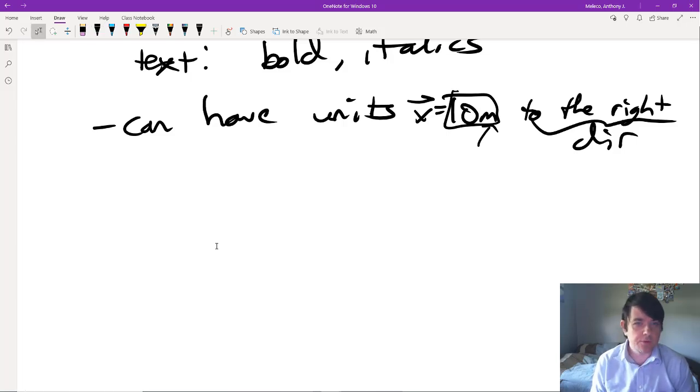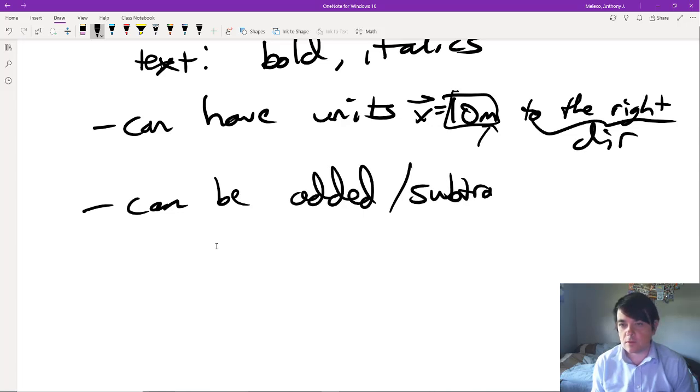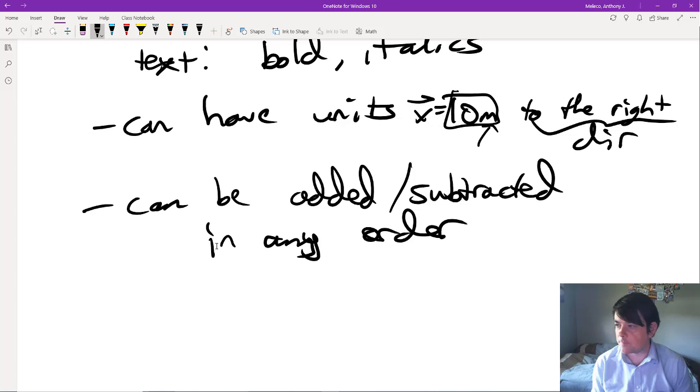They can be added and subtracted in any order, which is great.